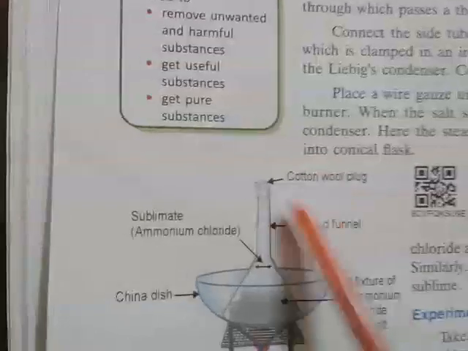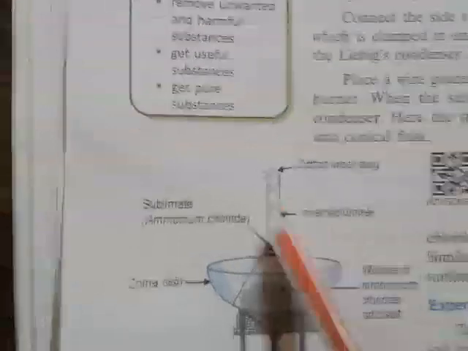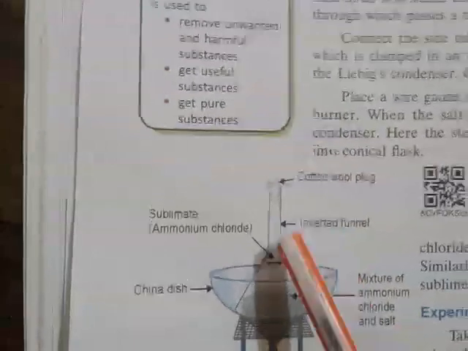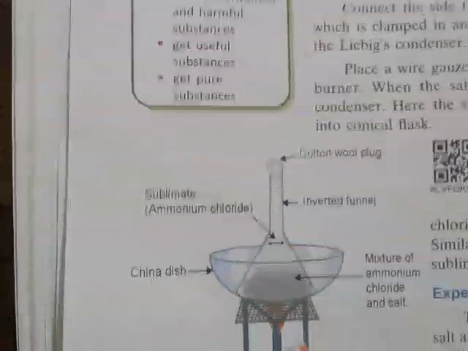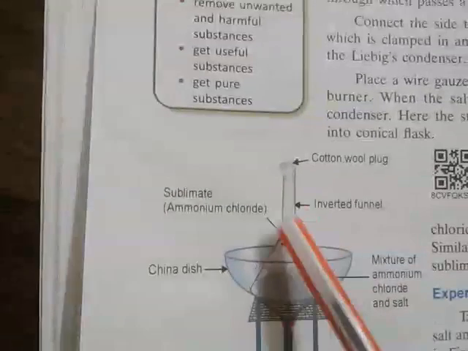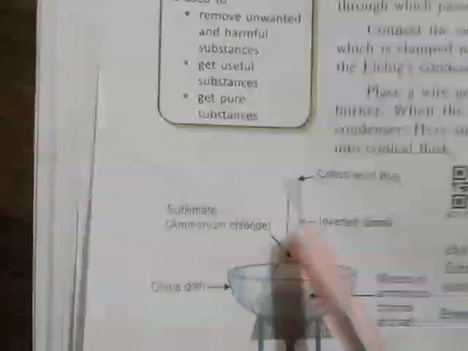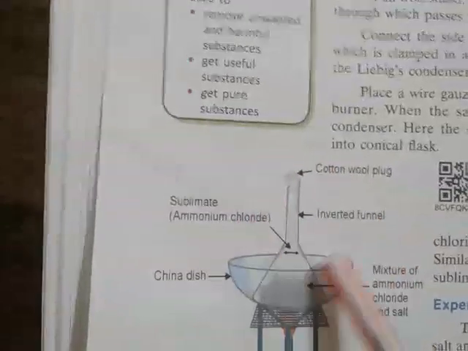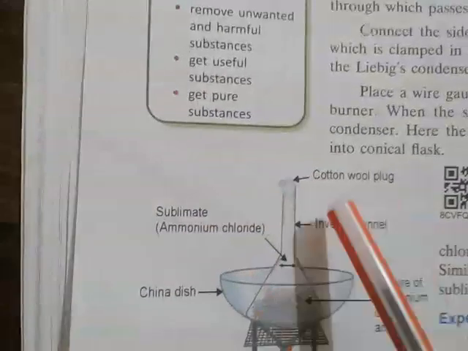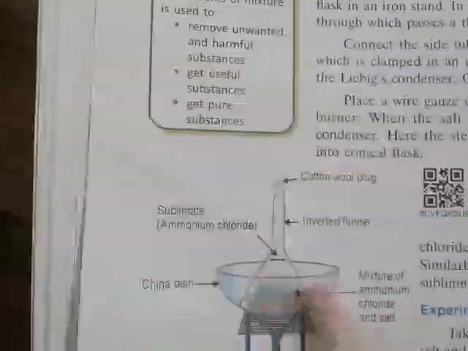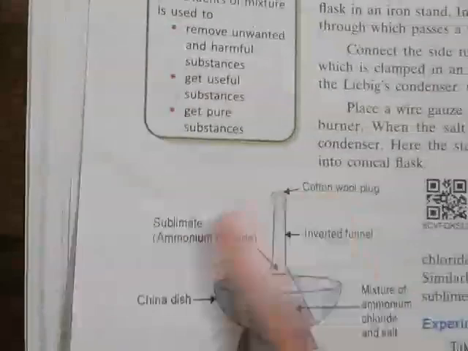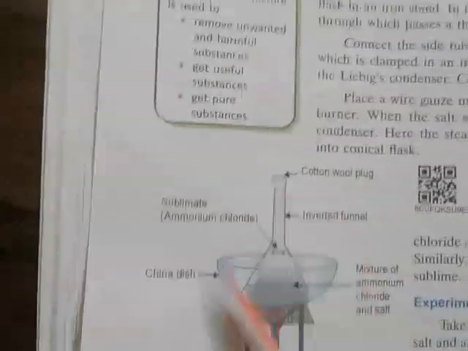Because you have put some cotton wool into it, the gas will not pass through. When you remove the burner or flame, the gaseous substance will be condensed by the cold air surrounding this apparatus.